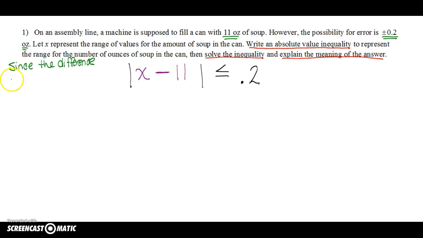So again, since the difference of the actual weight and the 11-ounce label is plus or minus 0.2, we can use an absolute value.